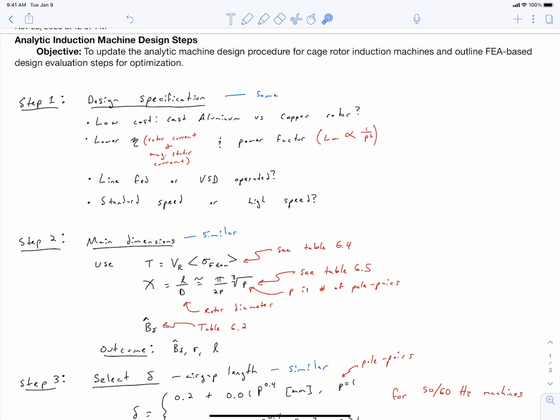This whole video is intended to help you come up with an initial design for an induction machine that you would then refine based off of an FEA study or use as an initial template design for a population-based optimization.